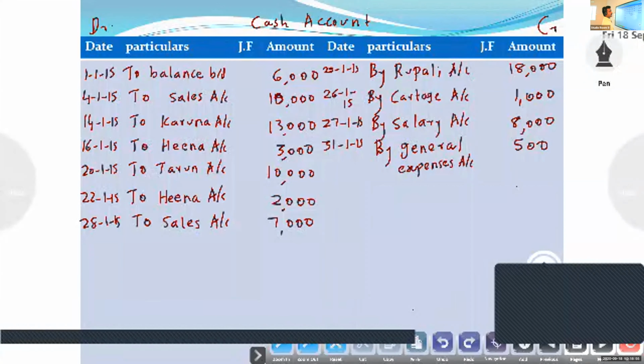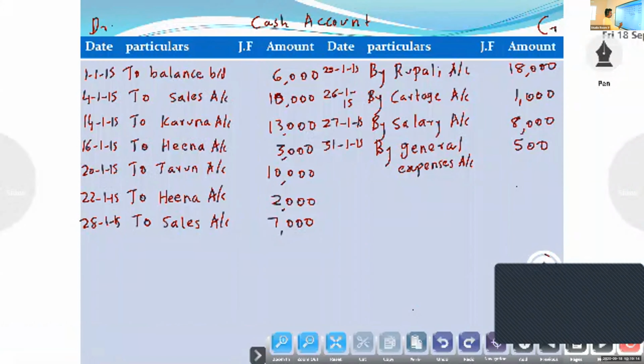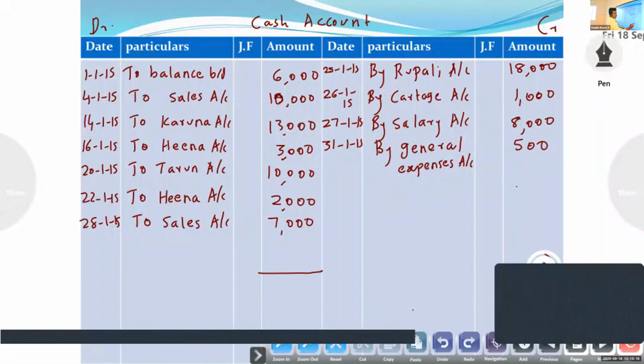Okay, so all the cash transactions are over. So now we have to balance. Debit side will be more.